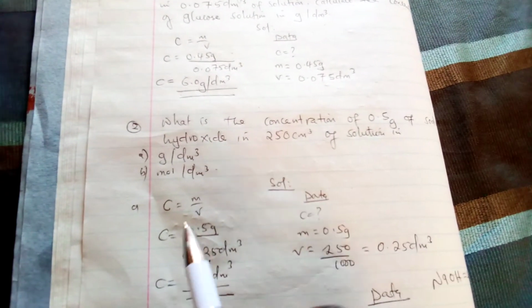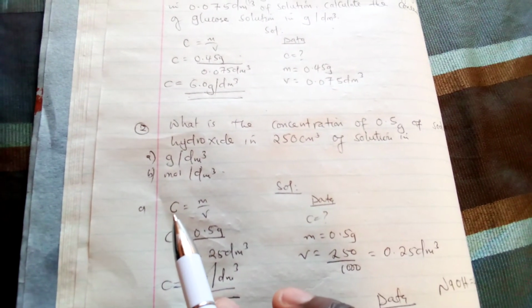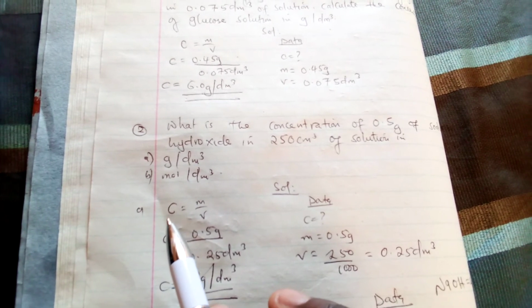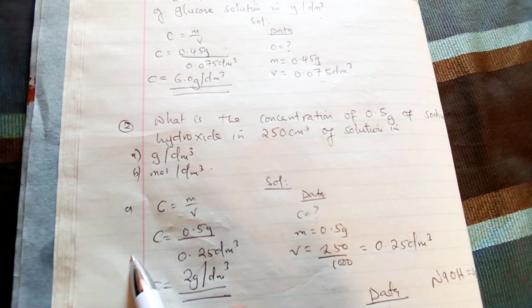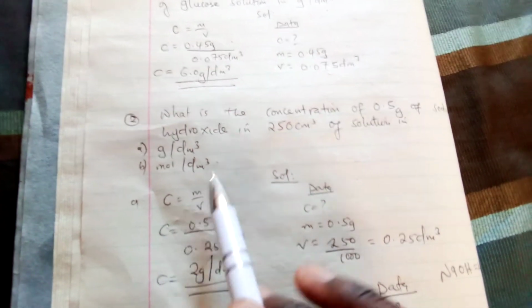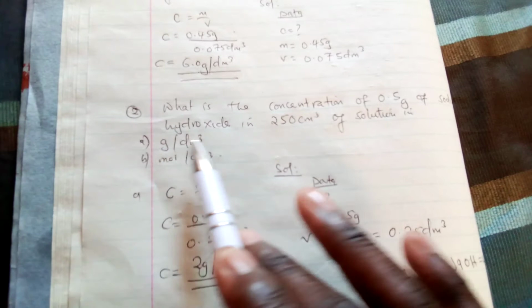All right, we have another question. It's saying, what is the concentration of 0.5 grams of sodium hydroxide in 250 centimeter cubic of solution? You have to write the answer in grams per decimeter cubic and mole per decimeter cubic.